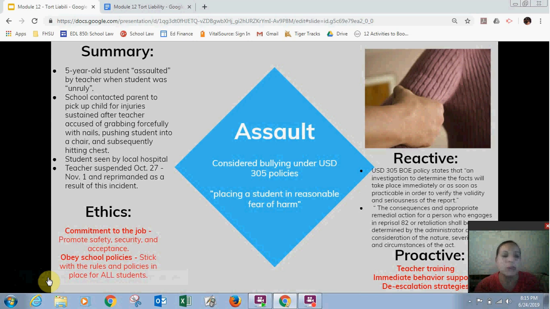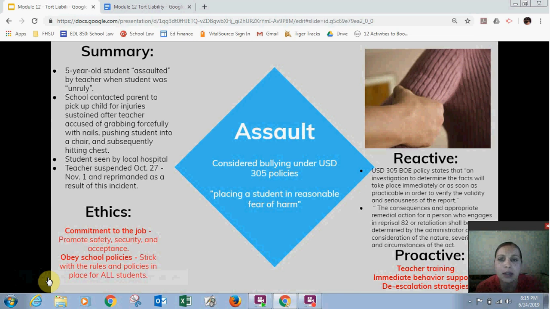Thankfully, I think for the school district, a lot of what helped them and their liability for this is that once the school administrators found out about the situation, they made the decision to contact the parents to come pick up this child due to their injuries and let them know what had happened, and immediately place the teacher on suspension and leave.